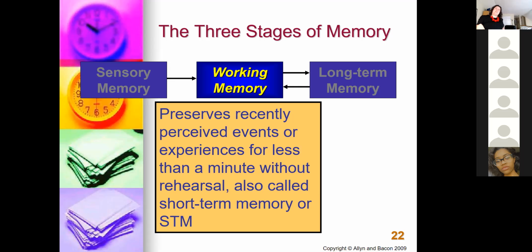Some modern cognitive psychologists argue that working memory and short-term memory are two different things. So if those of you who decide to be psych majors take Dr. Ariel's cognition class in coming years, you'll probably learn whatever the most recent theory is about working versus short-term memory. But for now, understand they're fairly interchangeable.